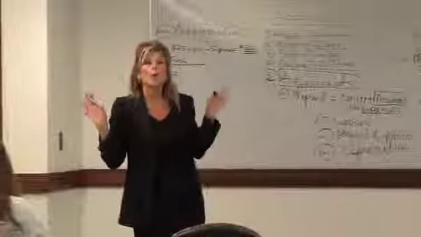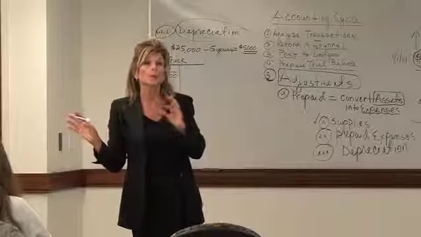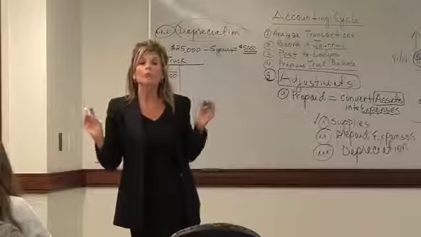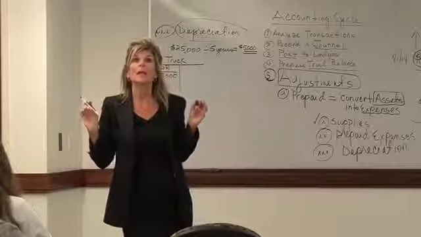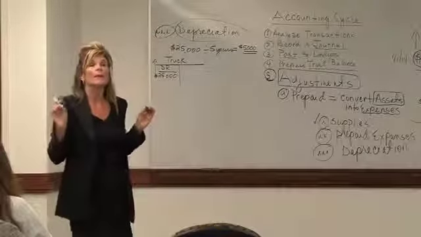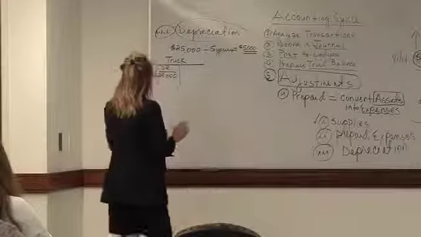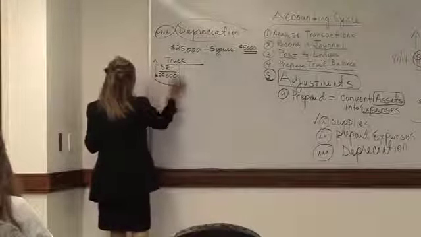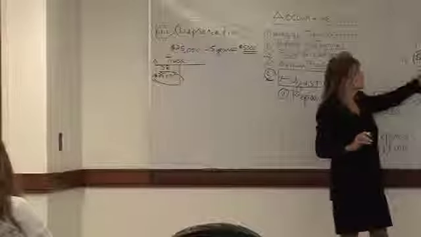Now, long-term assets, property, plant, and equipment, always remain on our books, in our ledgers, at what we call their historical cost. So we're going to leave the truck on the books at $25,000. Unlike what we did with supplies.